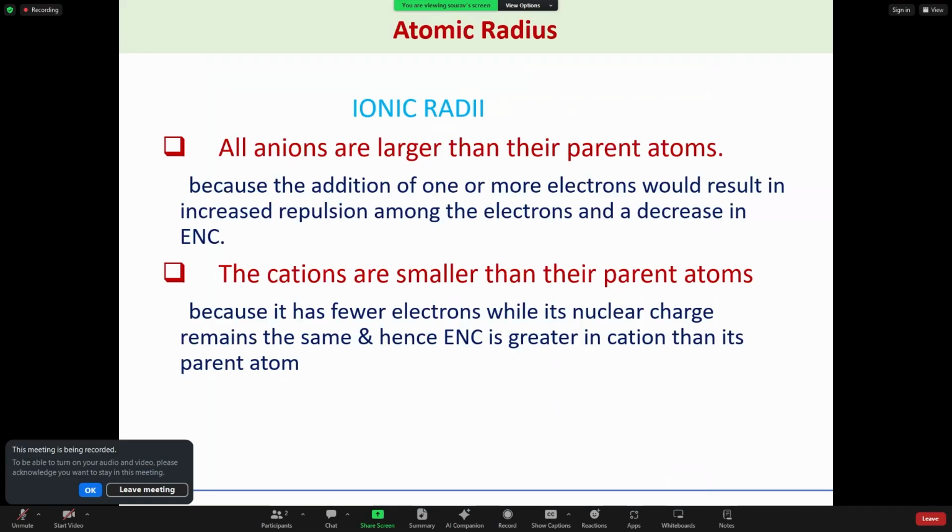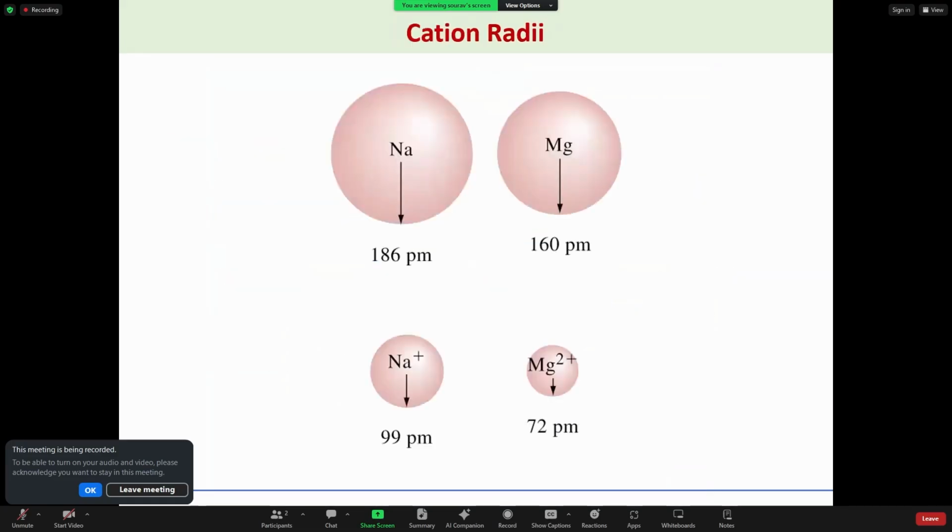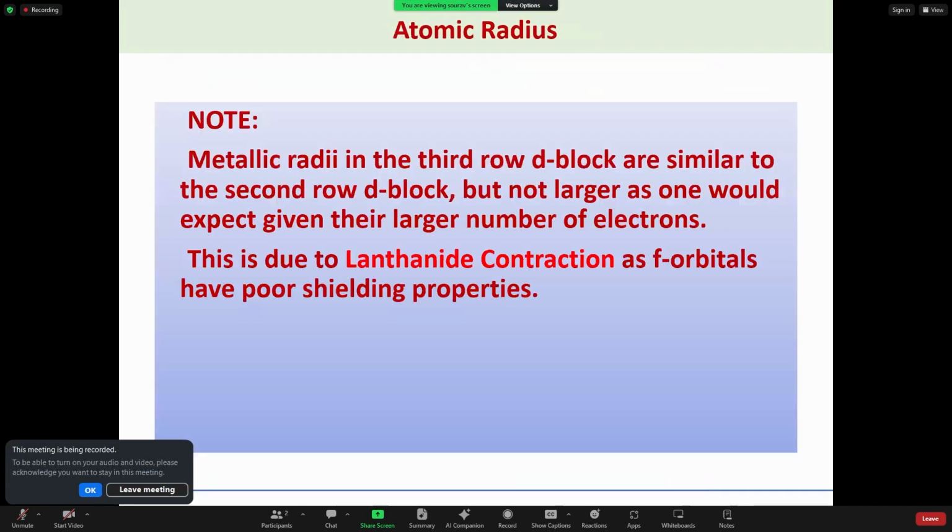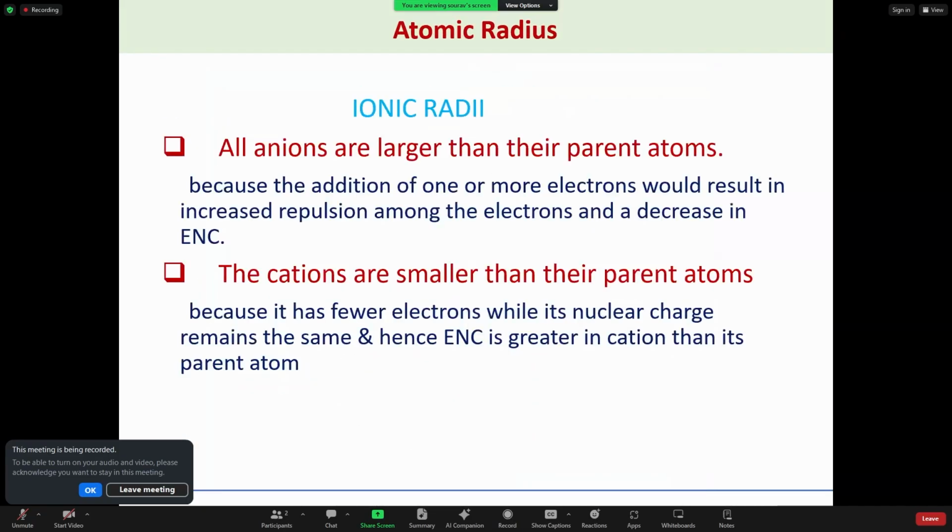Now this is the ionic radius. This is a very interesting thing: what will be the relation between the ionic radius and the atomic radius?